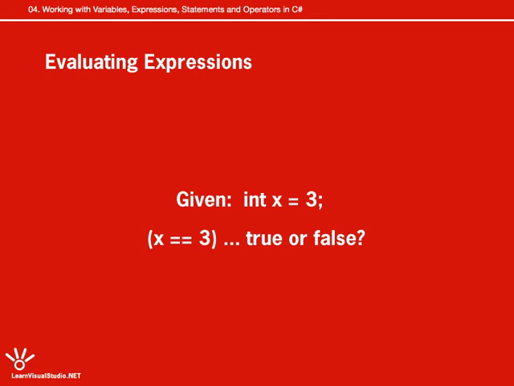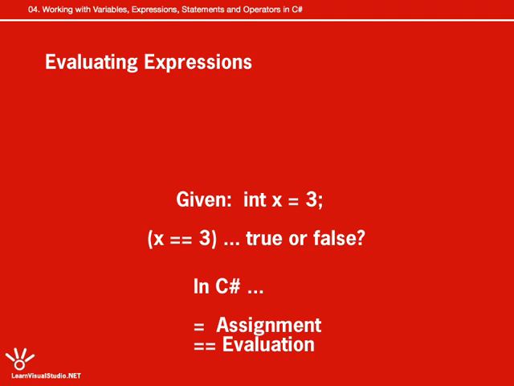Given that integer x equals 3, x == 3, true or false? Well, that is true. Now let me explain some of the operators that are being used here. A single equal sign is used for assignment. A double equal sign is used for evaluation. Another way to think about it is that a single equal sign is used for telling.